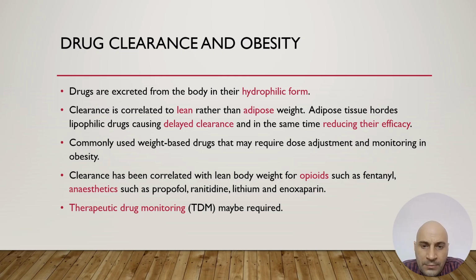Clearance is correlated to lean, then adipose weight, so adipose tissues can hold on to drugs that are lipophilic, and this will lead to delayed clearance, and then the drug can be reintroduced to the blood again. It hides in the adipose tissue for some time, and then it comes back, and this is called drug redistribution.